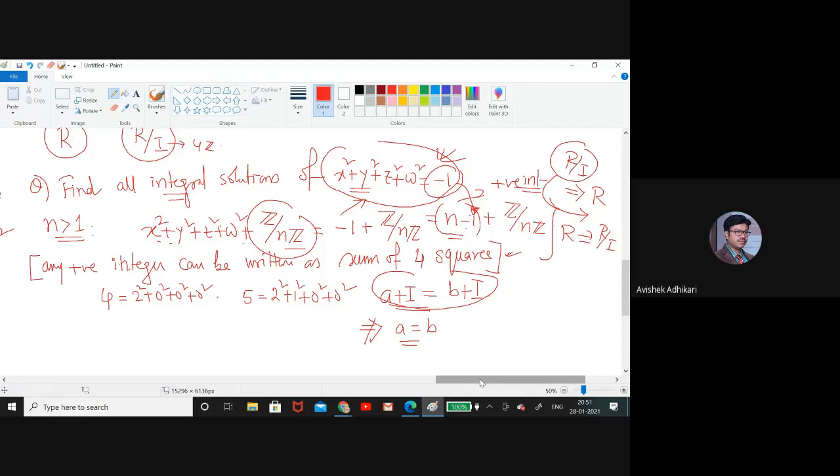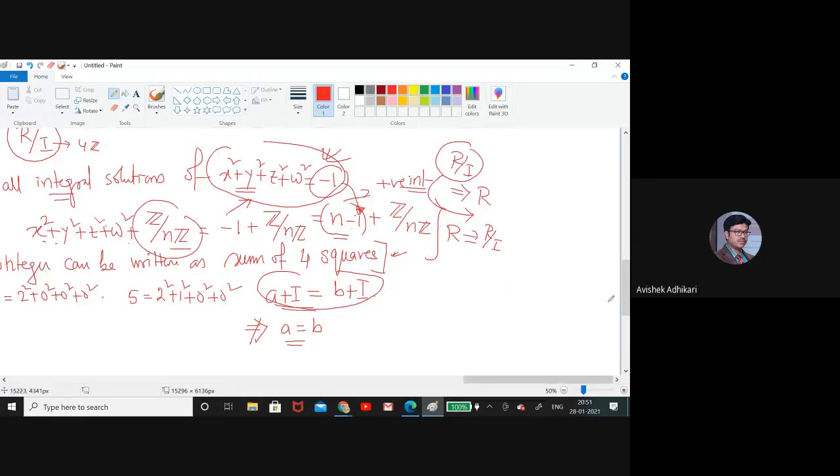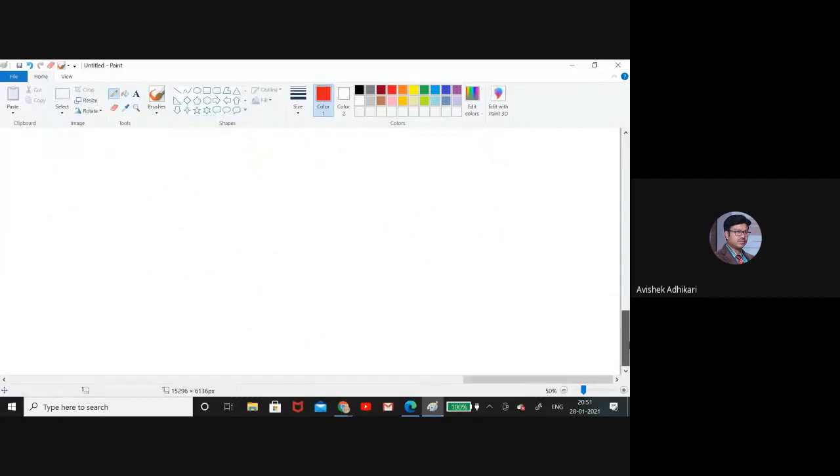Okay. Now, for the last thing that I'm going to do, it is basically the basic idea of homomorphism. I'm sure that at your undergraduate level, you have all done homomorphism for groups.